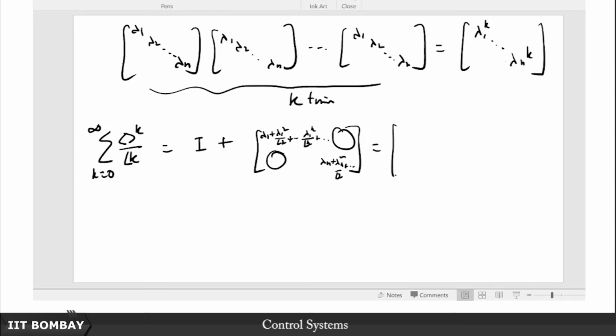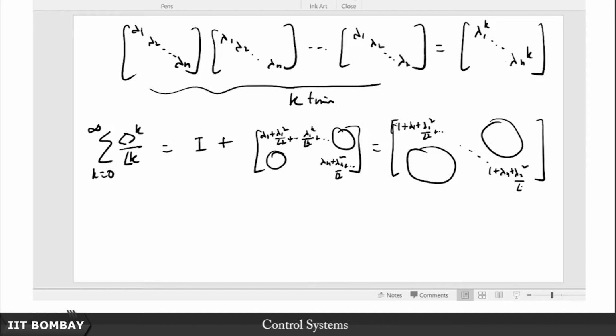The off diagonal entries will all be 0, and a typical diagonal entry will look like 1 plus lambda 1 plus lambda 1 squared by factorial 2 plus so on. The last one will be likewise 1 plus lambda n plus lambda n squared by factorial 2 and so on, right.